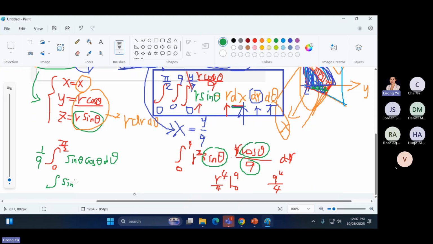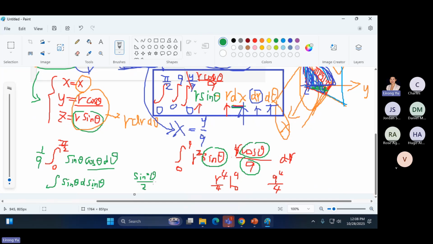You can see that it is sine theta times cosine theta, and because the derivative of sine theta is cosine theta, if you do a substitution it will be u du. Integration of u du is u squared over 2. So the antiderivative will be sine squared theta over 2.